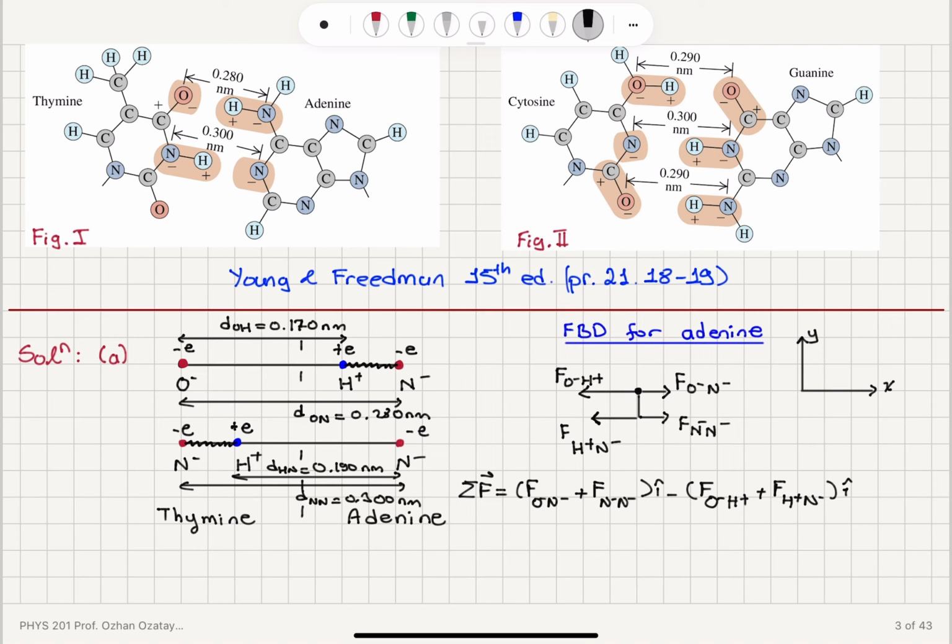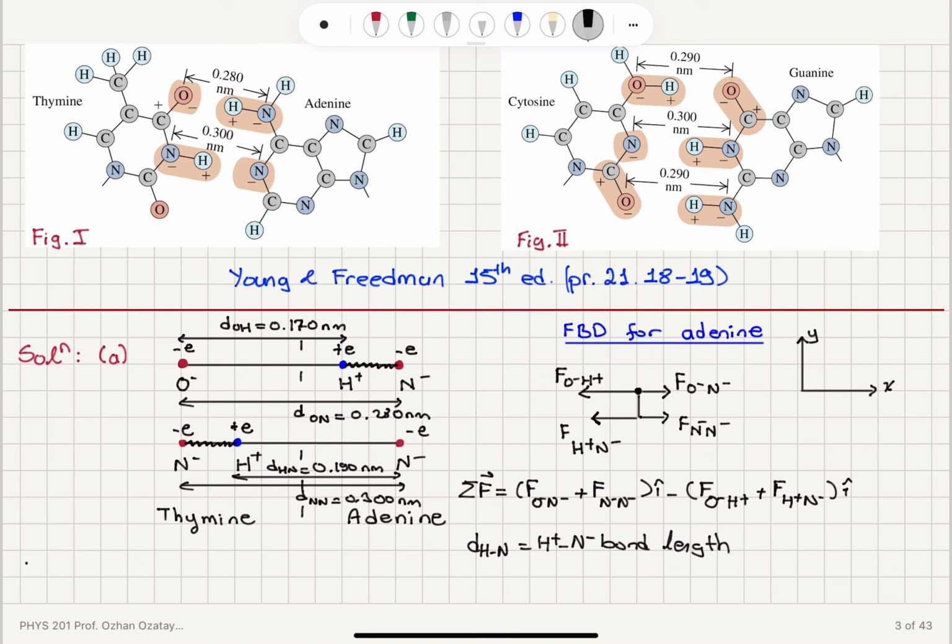The distance between the hydrogen and nitrogen is the hydrogen plus and nitrogen minus bond length. So that's what I'm calling the N here.